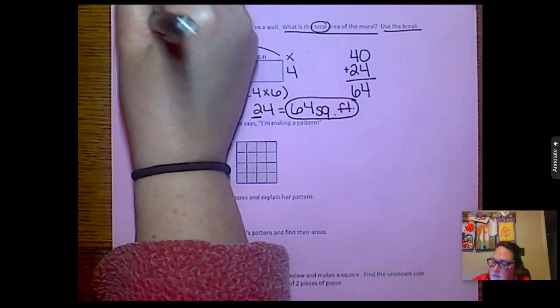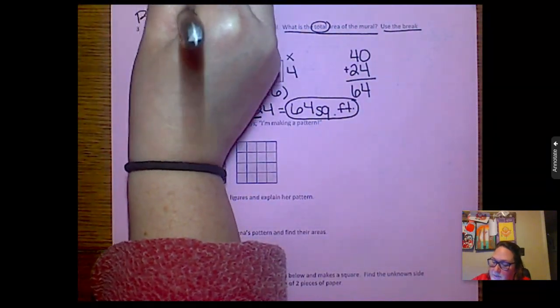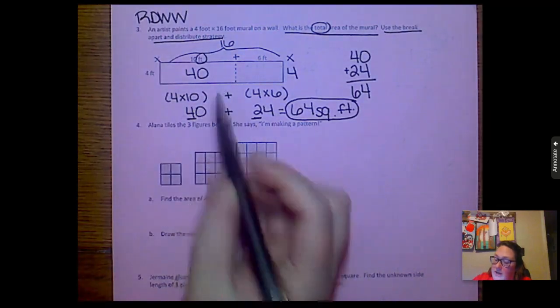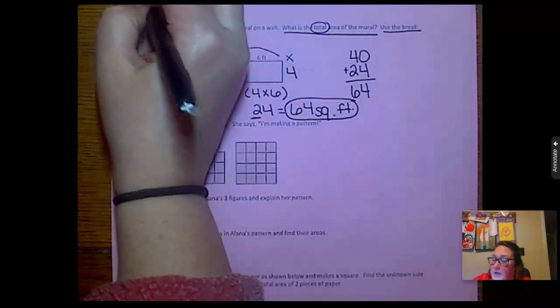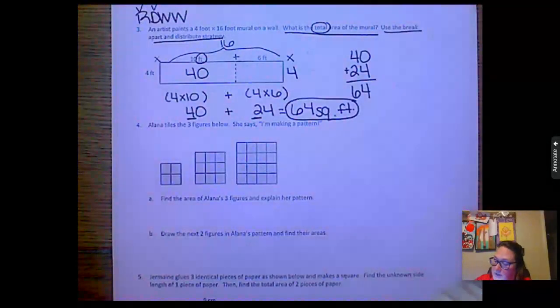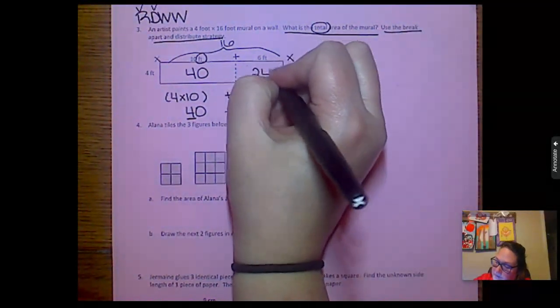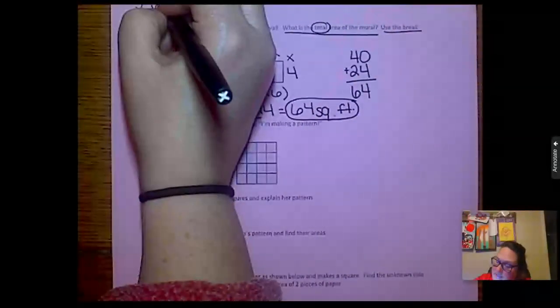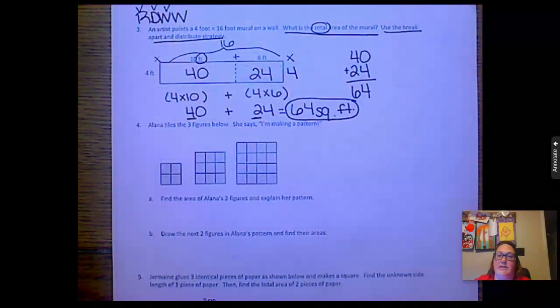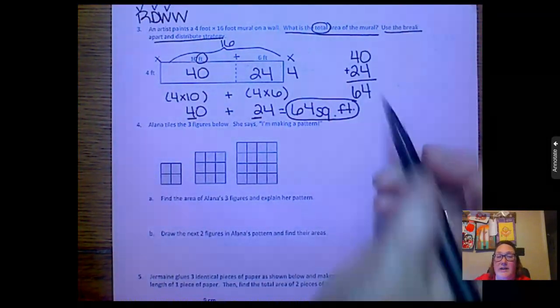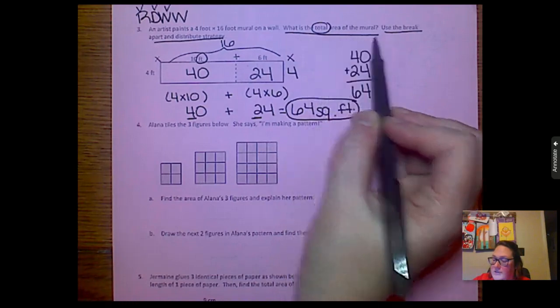So we didn't put the RDWW, but we've pretty much been doing it, right? We did our read, and then we used the drawing that was already there. We wrote a number sentence, so the last thing would be our word sentence, right? So what is the total area of the mural? I look at this question and underline.